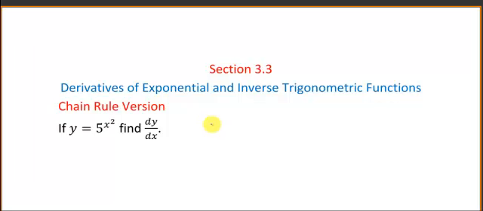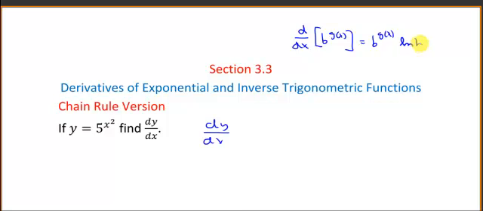And so if we took the derivative of this, remember, let me write it up above here, the derivative with respect to x of b to the g of x was b to the g of x times the natural log of b times g prime of x.